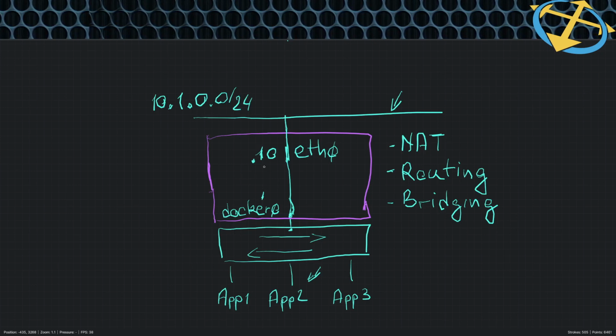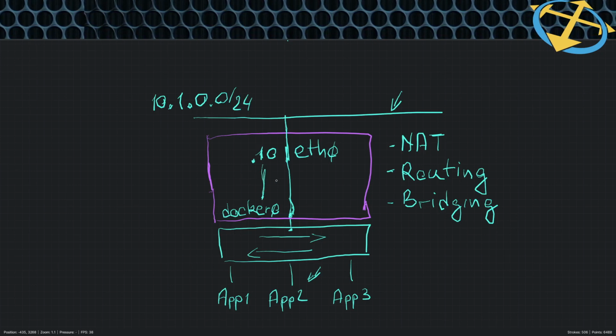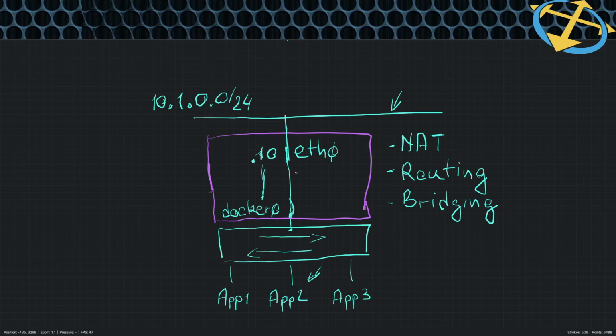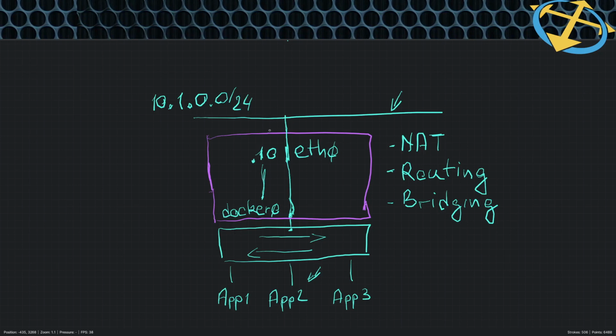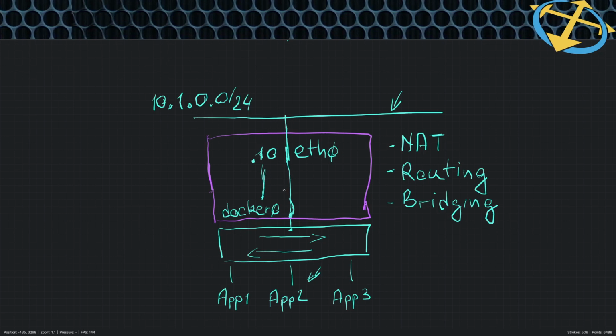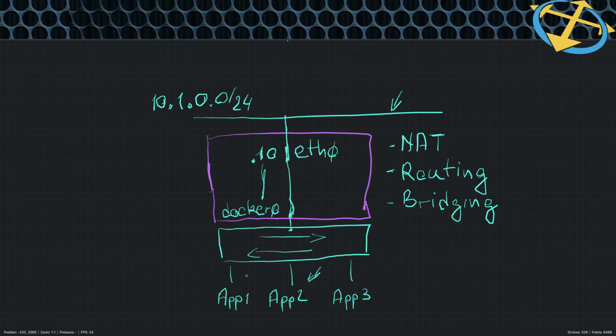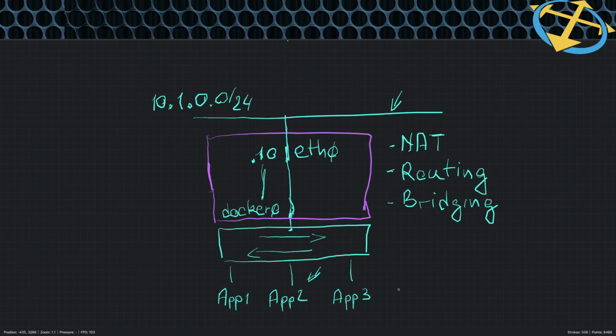So this .10 will belong to Docker 0 interface, and the traffic will just be bridged through my Docker host, and so it will reach the applications right here.